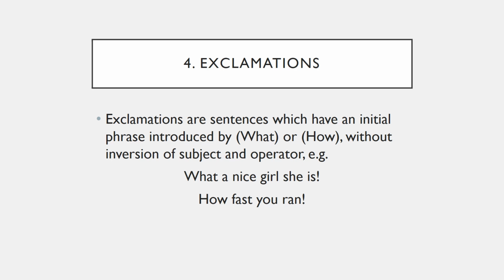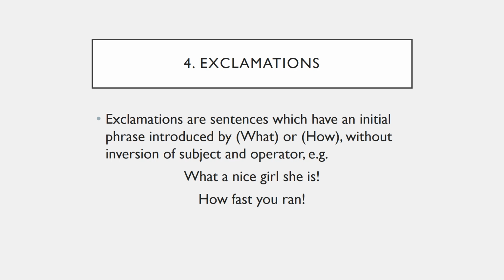Another difference between WH questions and exclamations is that, you remember, in WH questions we have to make an inversion between the operator and the subject. After the WH word, you have to put the operator before the subject.